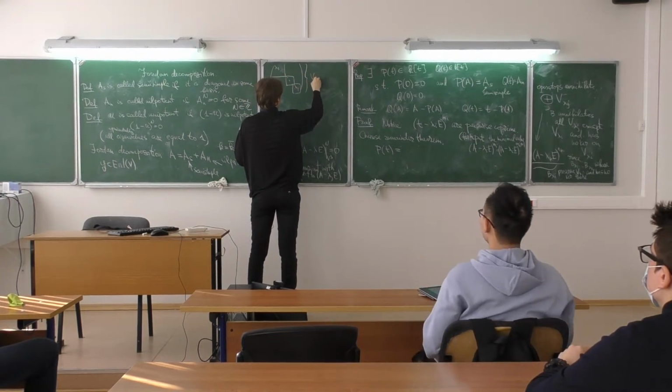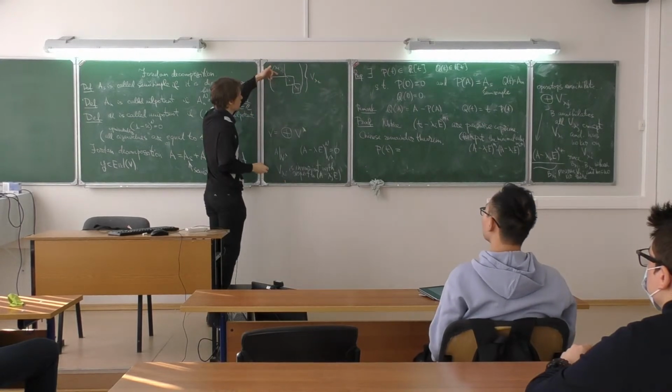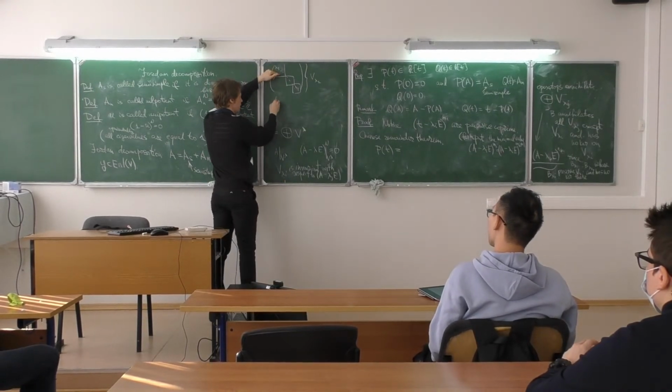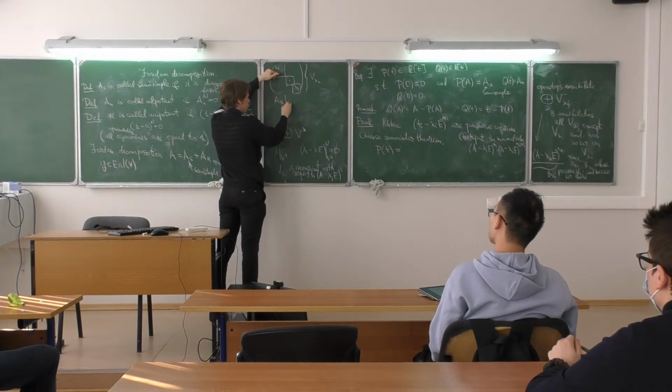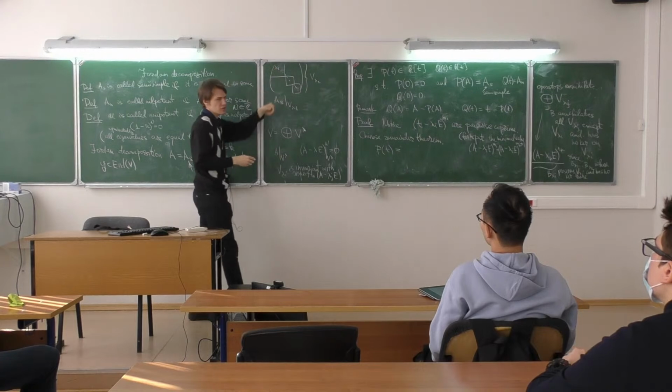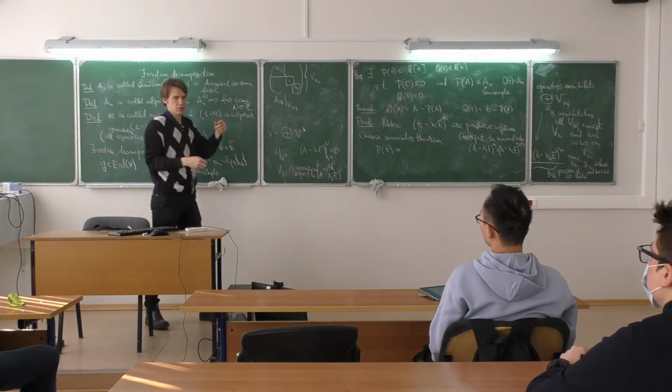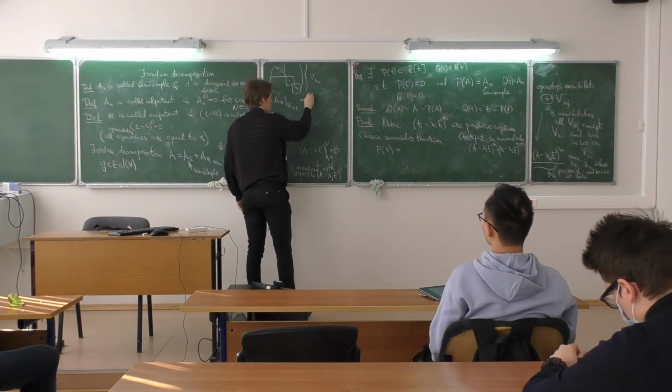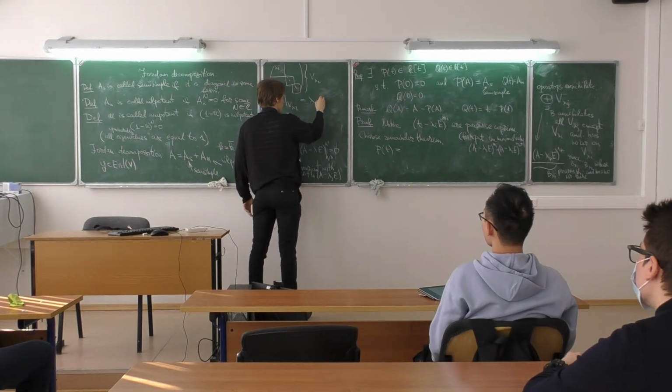So this is a space V lambda 1, and if you restrict the A_S on V lambda 1, this is just the diagonal part with the same eigenvalue. So this is just lambda 1 times the identity operator.